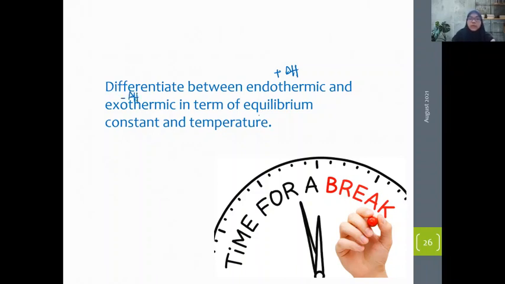What is the difference between the exothermic and endothermic on the equilibrium constant and temperature? For example, if we increase the temperature, what happens to the equilibrium constant for the endothermic and exothermic? You may try to recall and test your understanding by answering the reflection question.